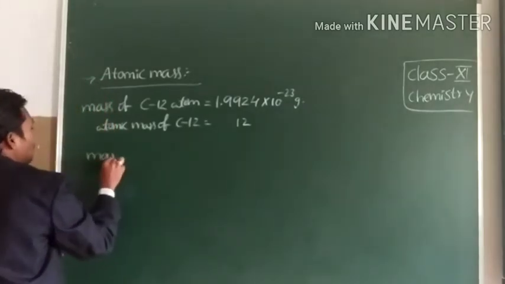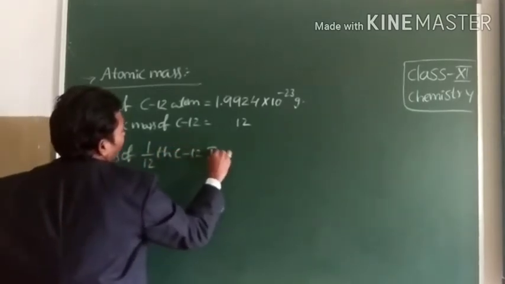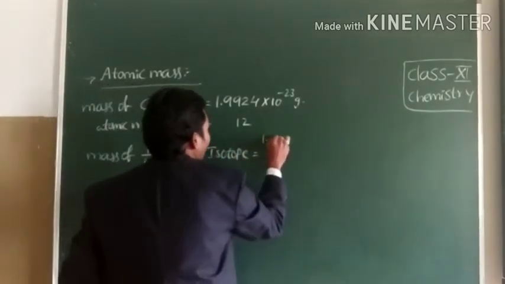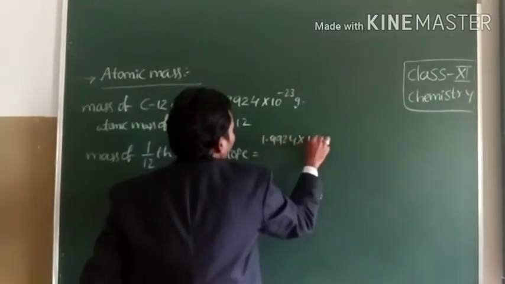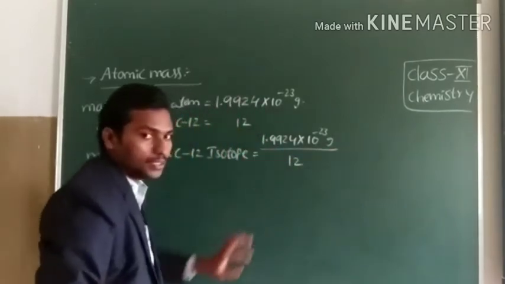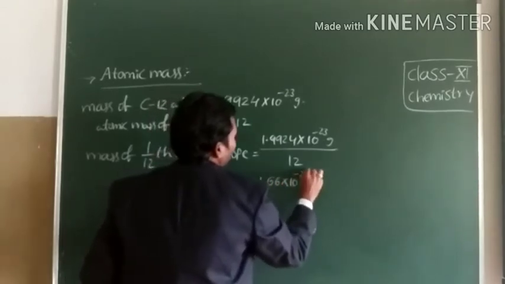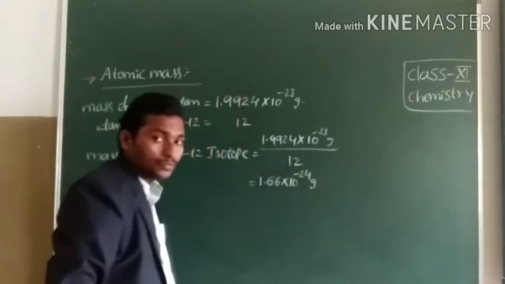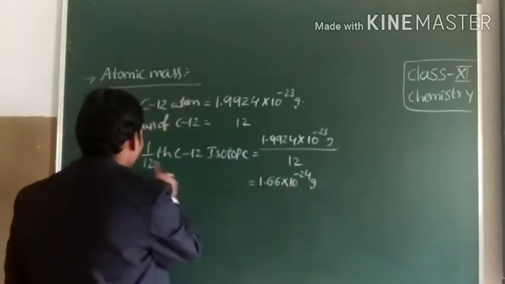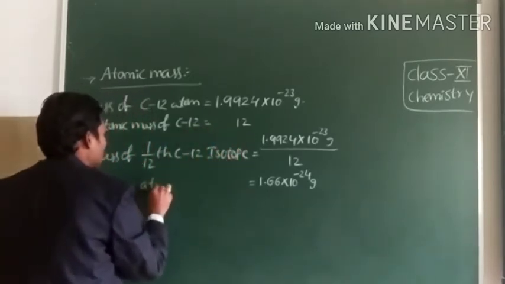So the mass of 1/12 of carbon-12 isotope is equal to 1.9924 × 10^-23 grams by 12. If you simplify this, you will get 1.66 × 10^-24 grams. This is called the mass of 1/12 of carbon-12 isotope. This is called atomic mass unit.